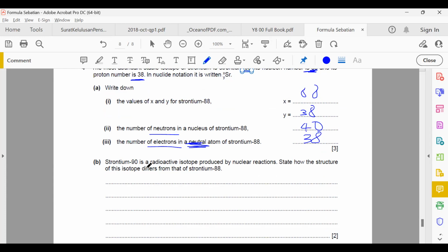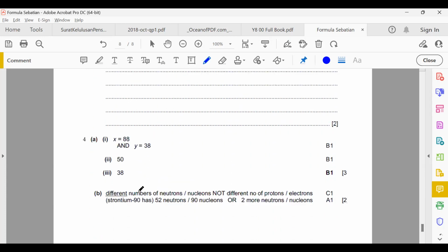Then the last part: strontium-90 is a radioisotope produced by a nuclear reaction. State how the structure of this isotope differs from strontium-88. They already asked you about the structure, how it differs. It's basically defining what an isotope is, the same proton number with different neutron numbers, but with the same chemical properties. They don't even care about the same proton number.